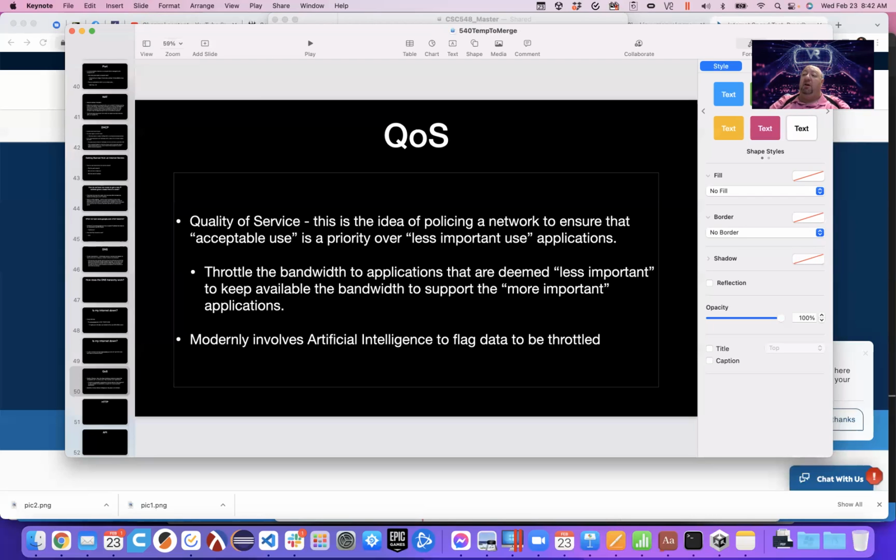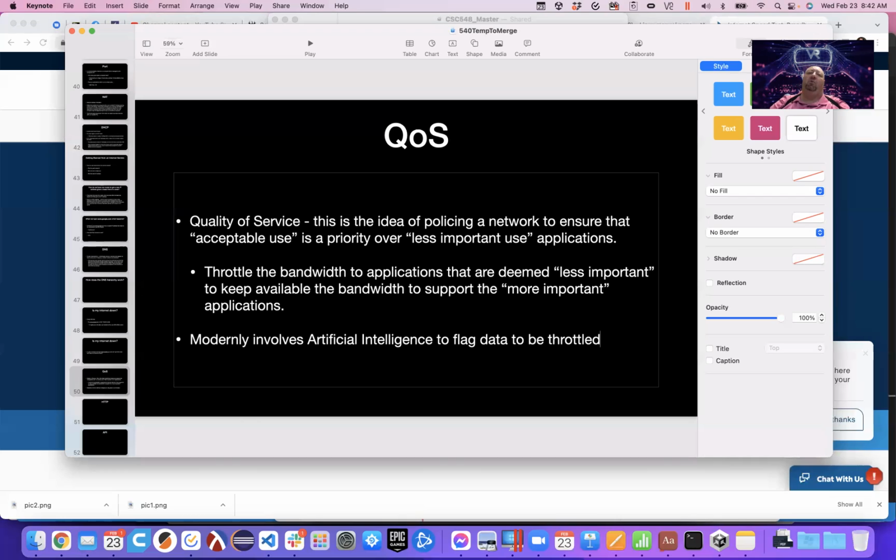As BitTorrent matured, because BitTorrent and other similar applications were being throttled, the people writing those clients would purposely try to make the data look like something else.